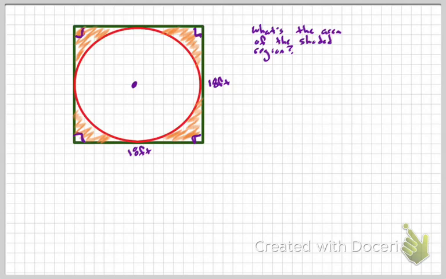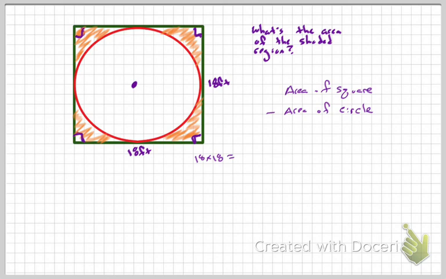And then guys, for this last problem, it just says, what is the area of the shaded region? So notice you have a circle inscribed in a square. So to find the area of the shaded region, which is only the corners of our square, it's going to be area of square minus area of circle. Okay, so notice our square is 18 by 18, so that would get us our area.